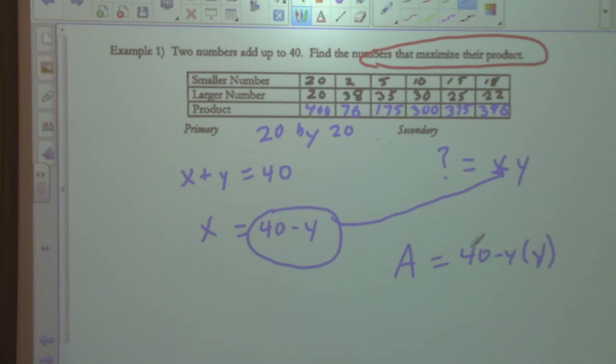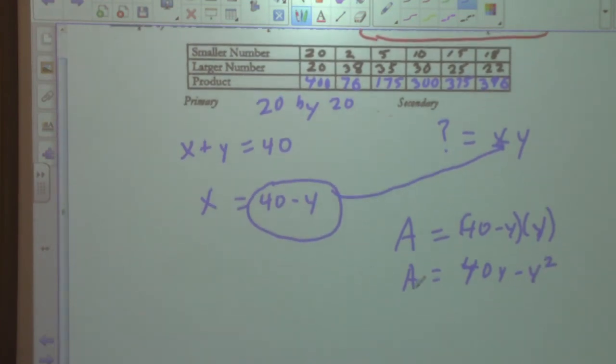Okay, so we have 40 minus y times y, so what is that going to be? 40y minus y squared. So we take our first derivative of that, what are we going to have? So 40 minus 2y, and if we set that equal to 0, we should be able to solve our equation. So we solve our equation, what do we come up with?